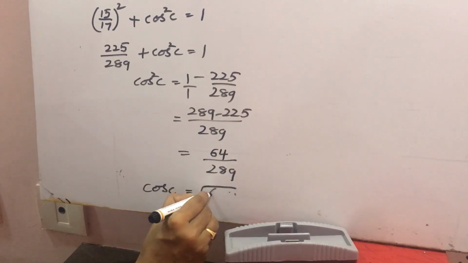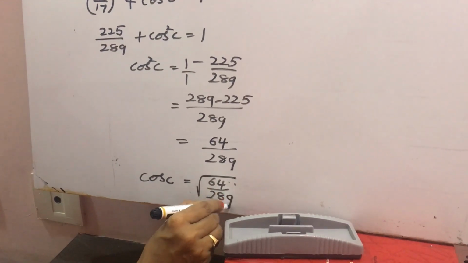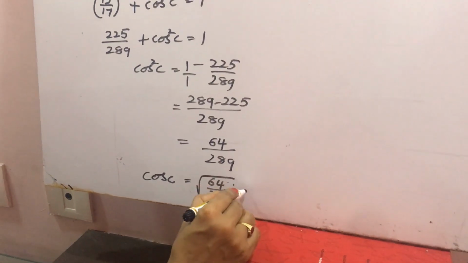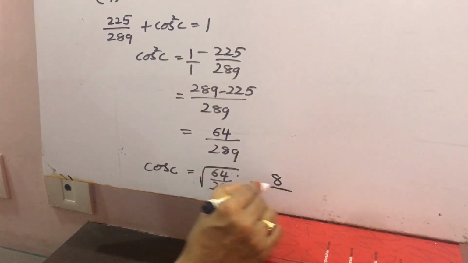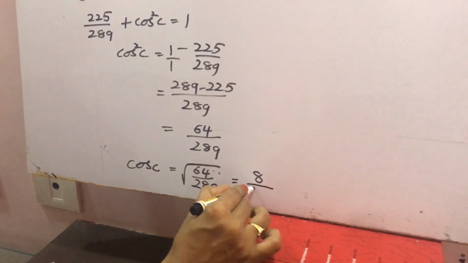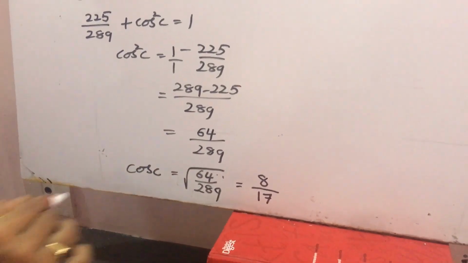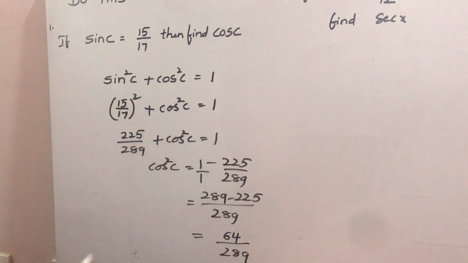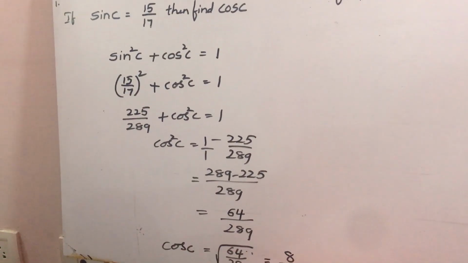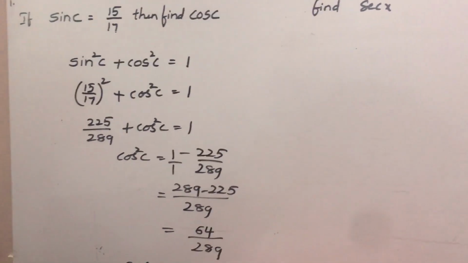Under root of 64 by 289, which is equal to, root of 64 is equal to, we know, 8. Under root of 289 is equal to 17. What is the value of cos C? 8 by 17. In this way, using the trigonometrical first identity, we can find out if one trigonometric ratio is given, we can find out other ratio.